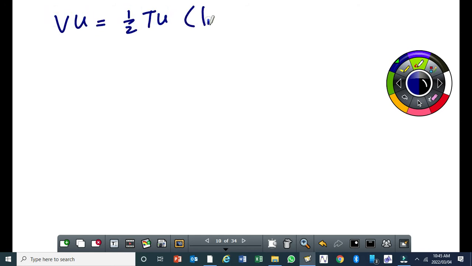And the reason is the same: line from center, perpendicular to chord.